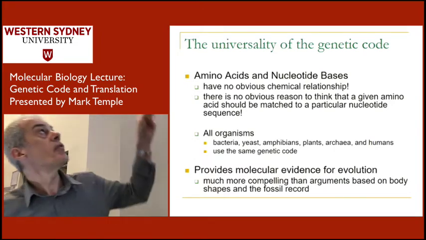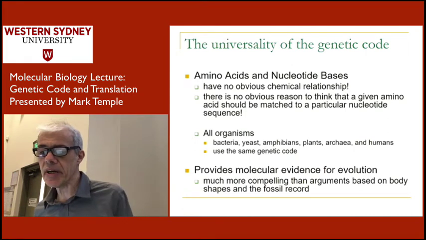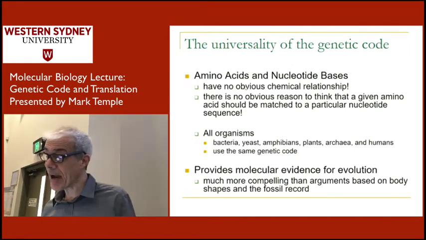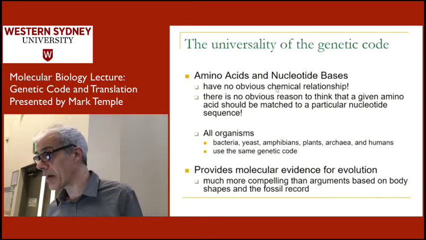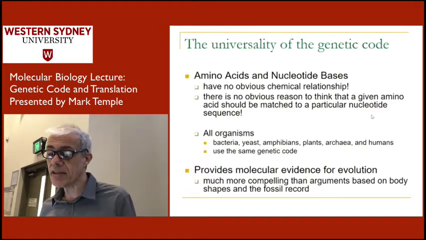So there's no obvious chemical relationship between amino acids and nucleotide bases. But somehow there has to be a link between the two, otherwise we wouldn't be able to make a protein sequence from a nucleic acid sequence. And there's no obvious reason to think that a given amino acid should be matched to a particular nucleotide. Okay, so we'll explain how this happens.